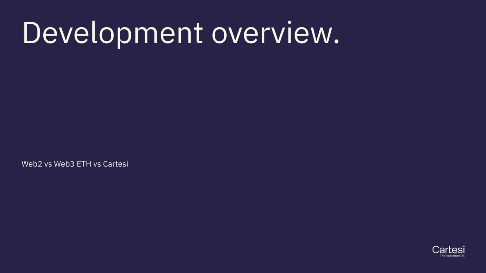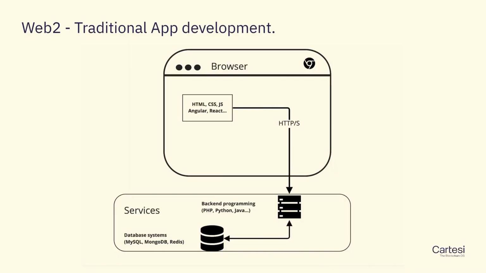Now let's do a quick check on how development looks like both on Web3 and Web2, and then finally how we do it on Cartesi. So developers that are used to Web2 will find this figure really familiar. What you have on Web2 is the clients, which generally run on a browser, and then you have your backend that runs on a server.